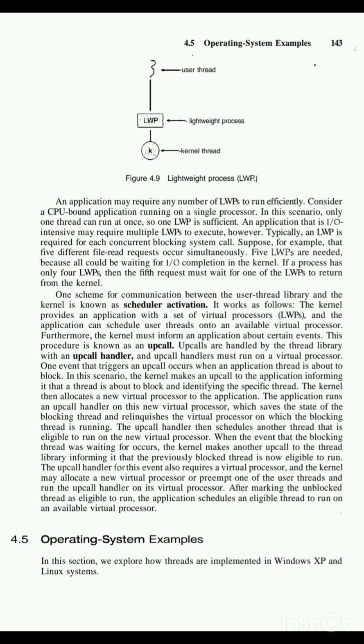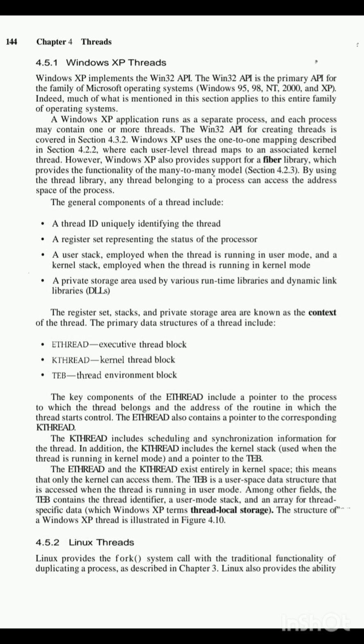4.5 Operating System Examples. In this section, we explore how threads are implemented in the Windows XP and Linux systems. Windows XP threads. Windows XP implements the Win32 API. The Win32 API is the primary API for the family of Microsoft operating systems: Windows 95, 98, NT, 2000, and XP.